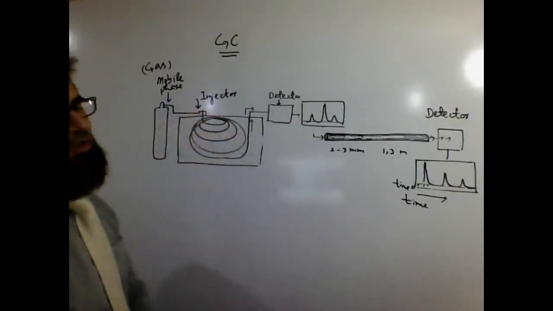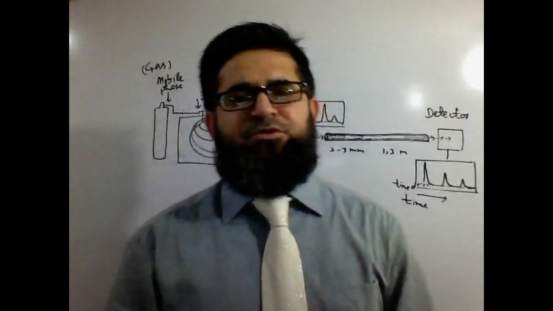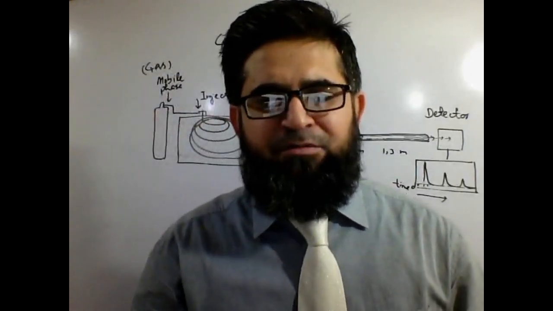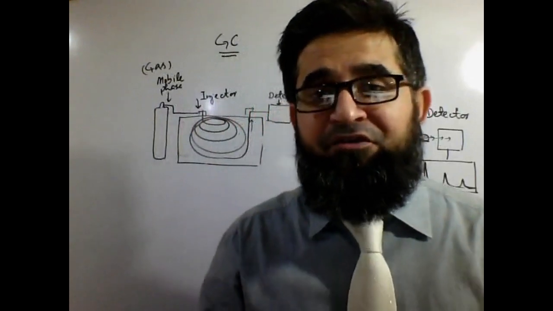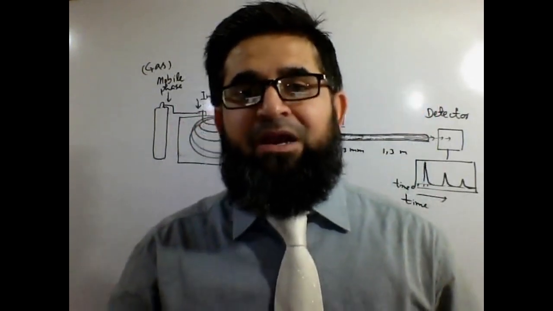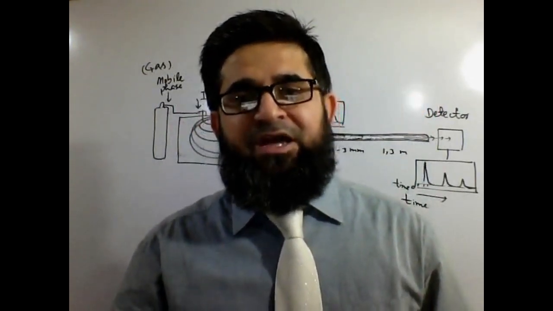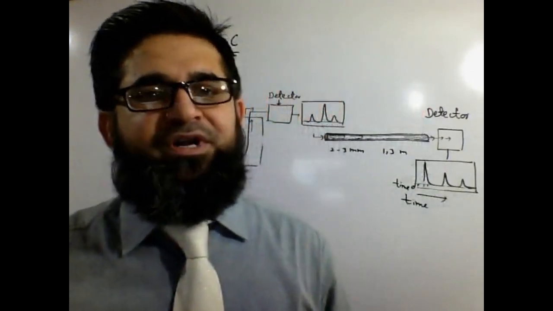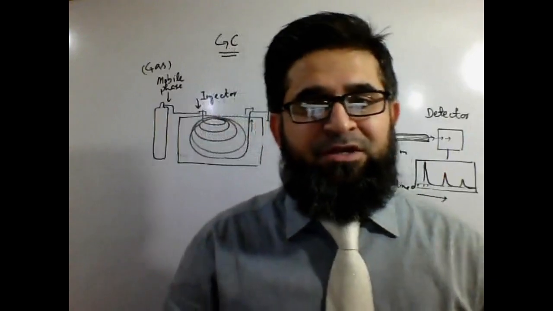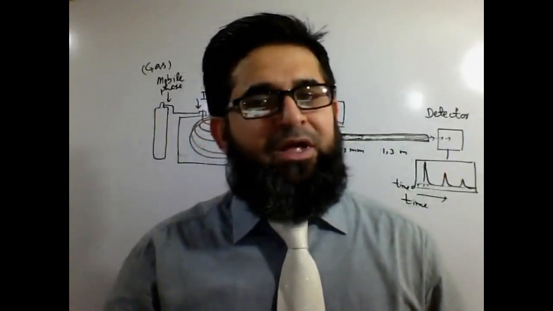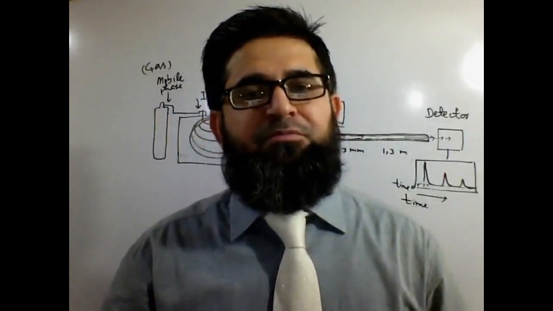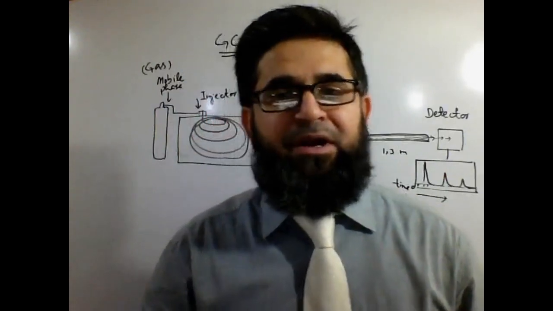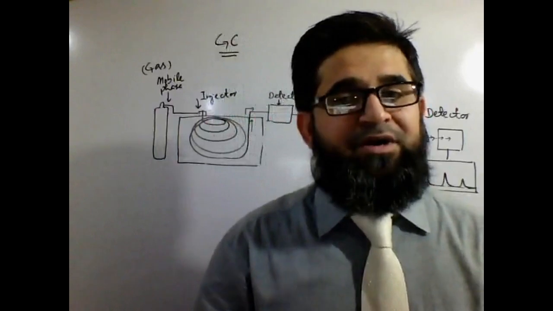If they are unable to convert into the vaporous form, into volatile form, then it will be hard for the mobile phase, that is gas, to push those non-volatile compounds through the column. What happens then? They can get stuck in the column, and finally the column will be blocked, meaning the column will get contaminated if they are not volatile in nature.